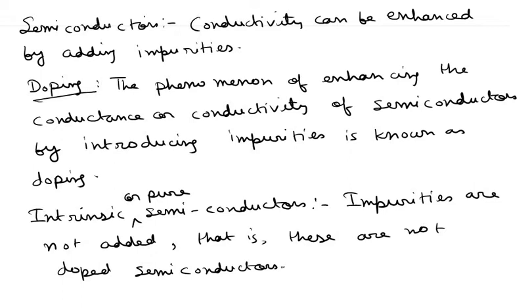No impurity is added to enhance its properties, and these semiconductors have the properties of the semiconductor itself. For example, intrinsic or pure silicon has the properties of silicon itself and not of any other material. Now then on the other side of intrinsic semiconductors, there are extrinsic semiconductors.